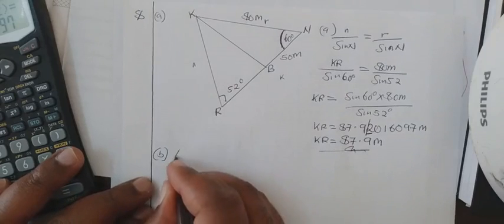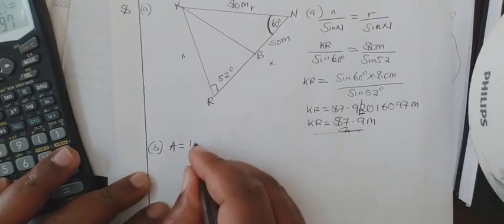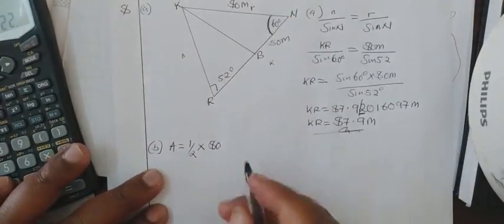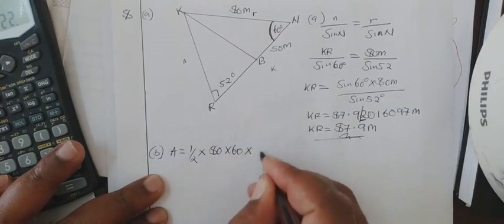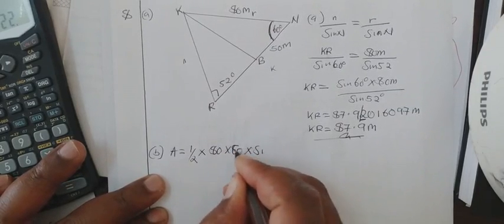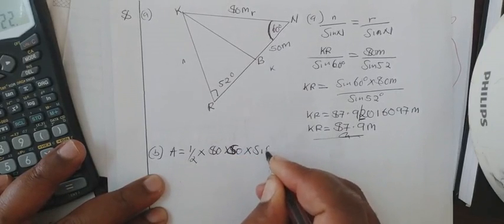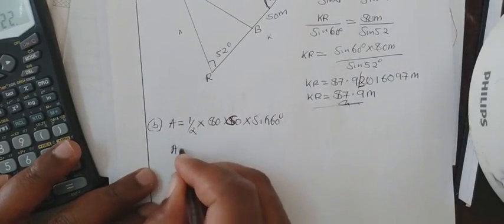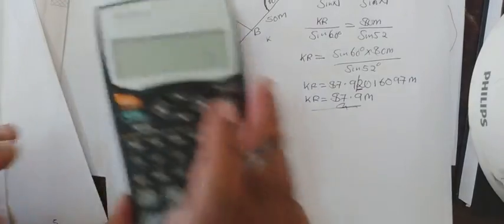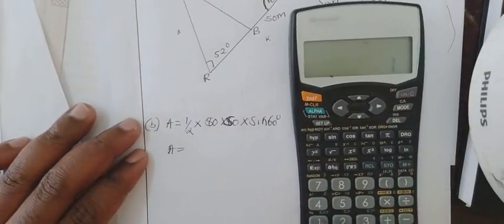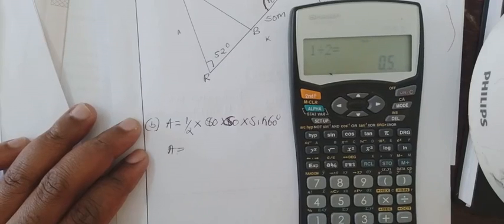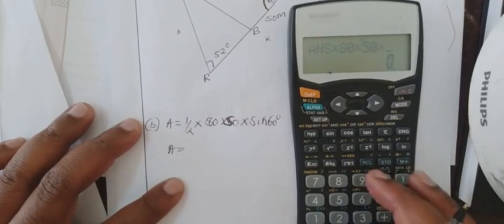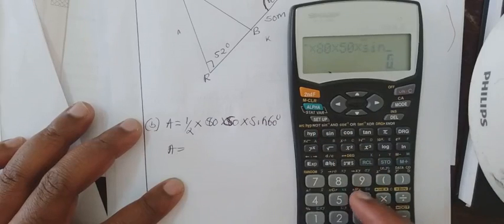So we are going to say area is equal to half times 80, these two sides that are forming the angle, times 60 times sine. This is 50. Take note. Times sine 60 degrees. So you say area is equal to, you get your calculator. 1 divided by 2 times 80 times 50 times sine 60.